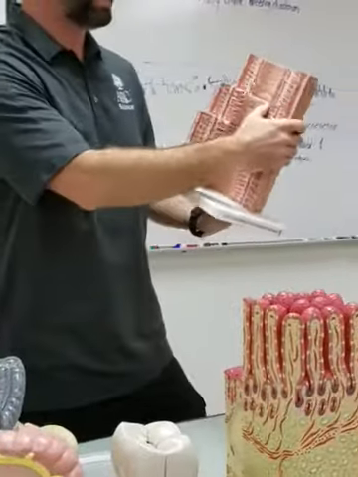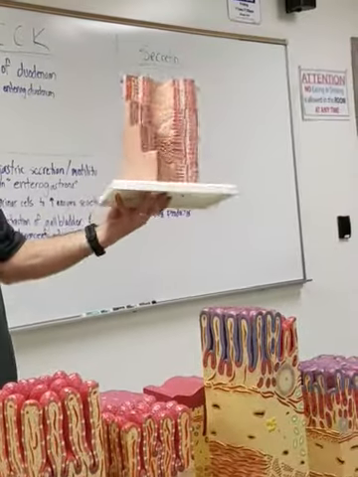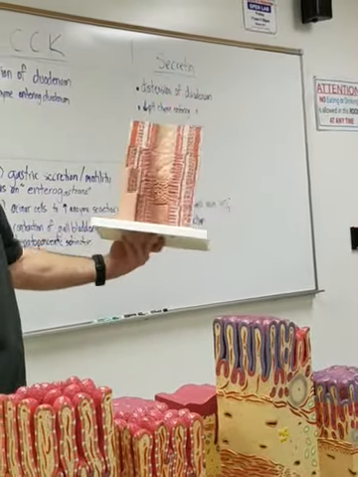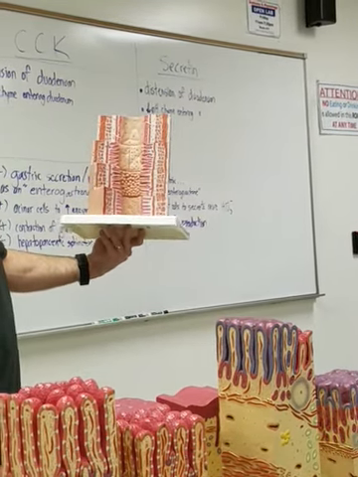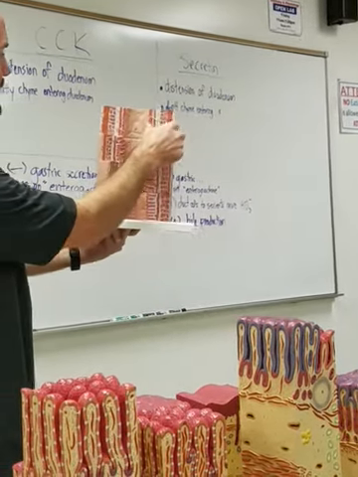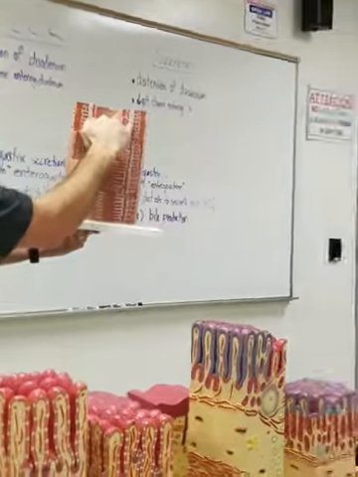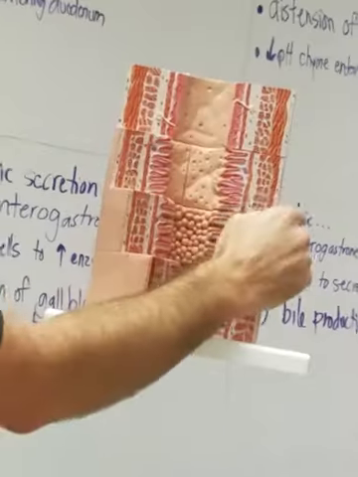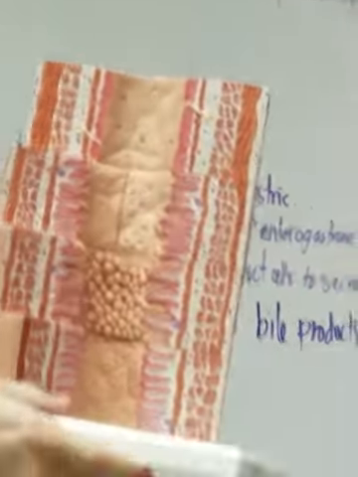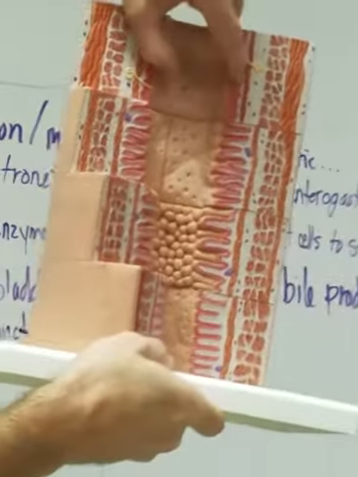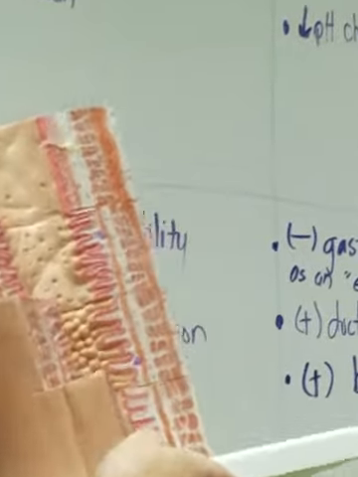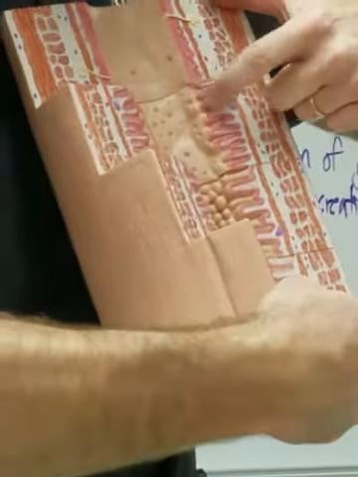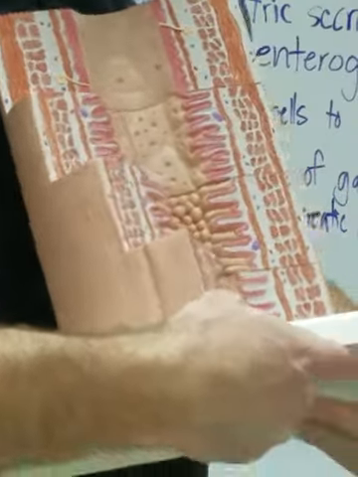This model is showing 4 regions in one model, but there are issues with it. What's the top here with the submucosal gland? It's got a duct going to the surface. Esophagus. You can also see the stratified squamous epithelium. And then it goes to simple columnar here, here, and here.